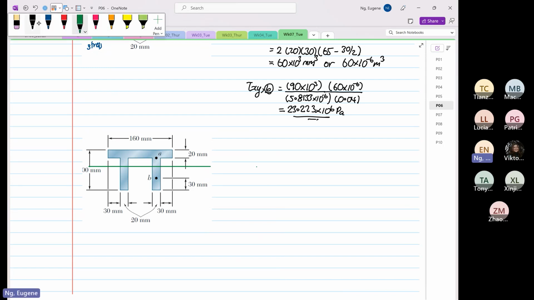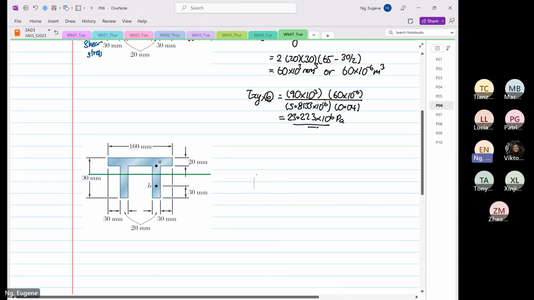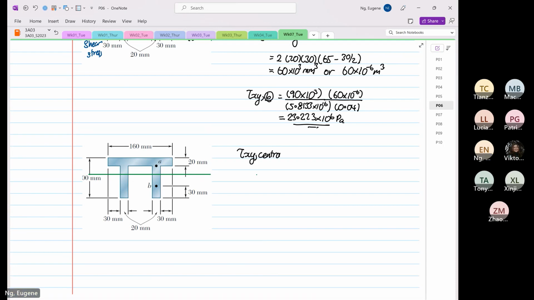We are now going to determine the shear XY at the centroid. I'm going to use two ways of doing it, and if it's done correctly, the answer has to be the same. There is an easier way and a more difficult way, so I will show you two methods.